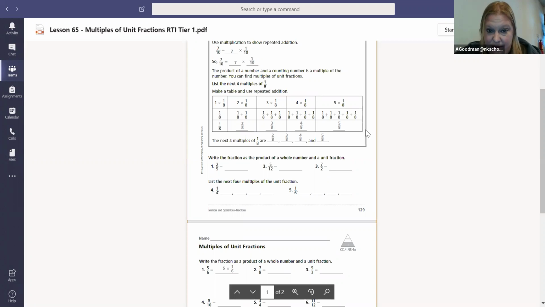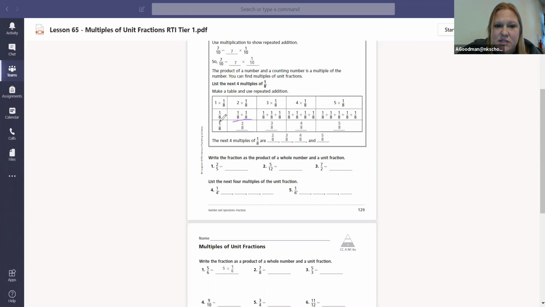I don't even need to read the rest of the chart, right? So the next 4 multiples. So if you took out this part and this part, and we're just talking about this part. So when we're talking about multiples of fractions, we are really just talking about this part of this chart, but the rest of the chart is just showing you how they got that part, okay?